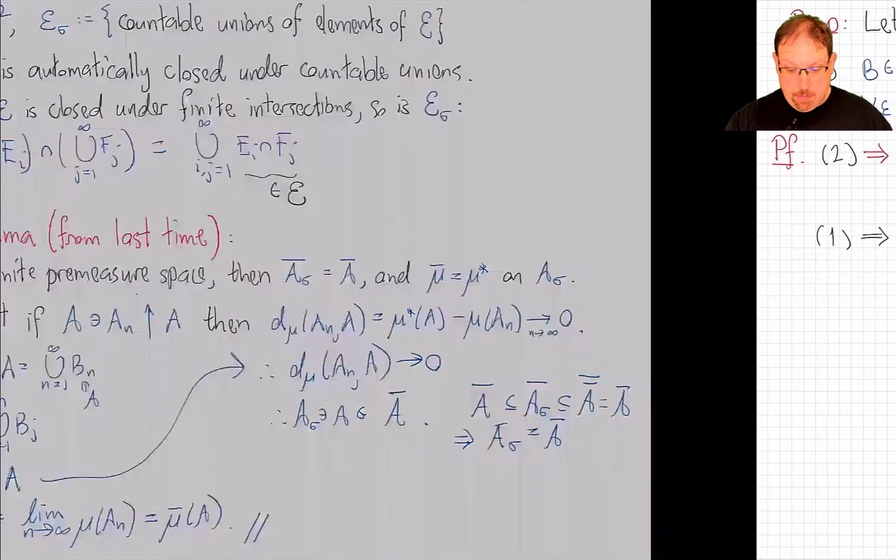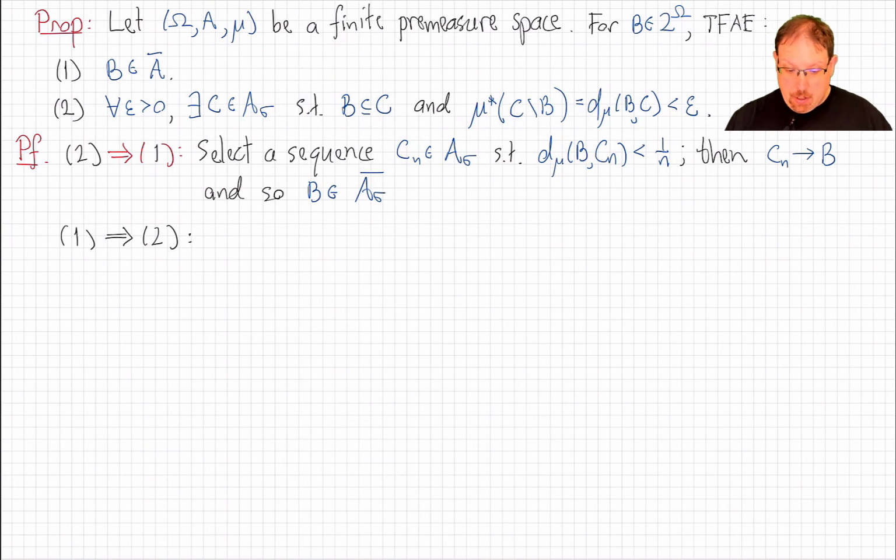And here's how. Again, in the context of a finite premeasure space, we have the following characterization of the closure of A. A set B in omega is in the closure if and only if it can be approximated from the outside by elements of A sigma.